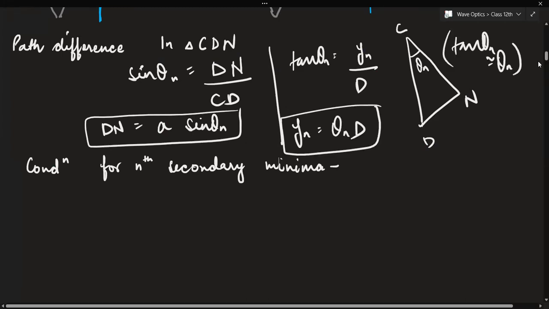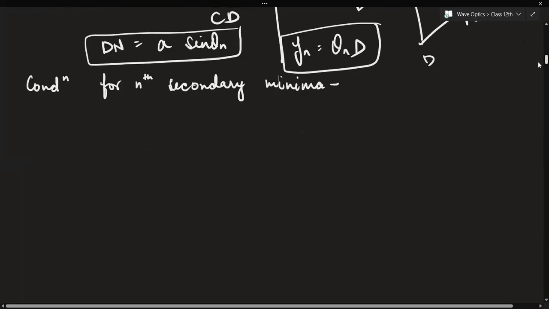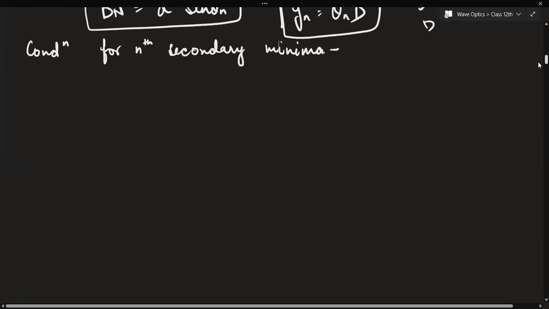Now coming to the condition for the nth secondary minima. We use the term minima for dark fringes and maxima for bright fringes, the way we had bright and dark fringes.